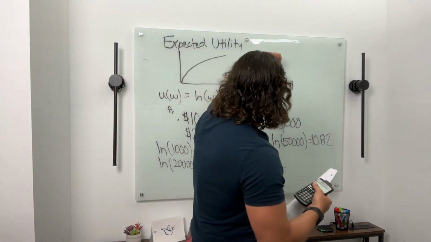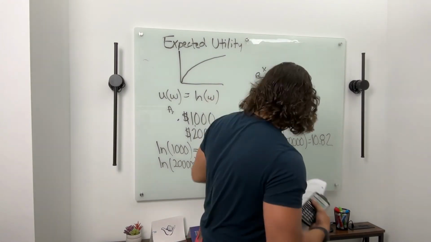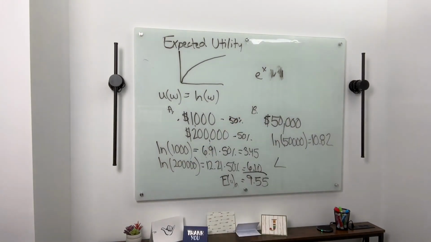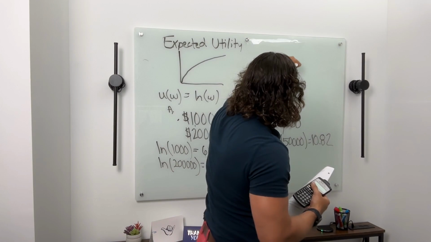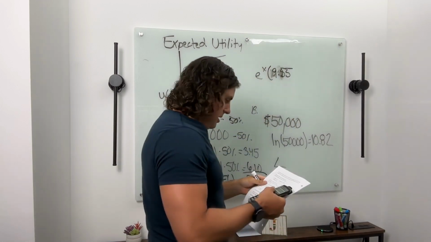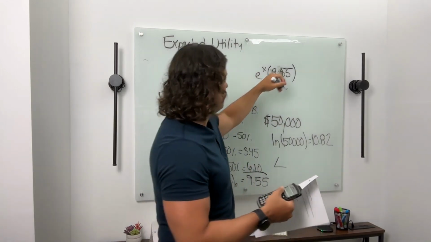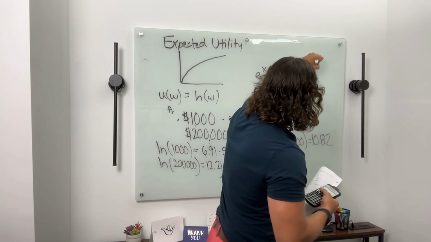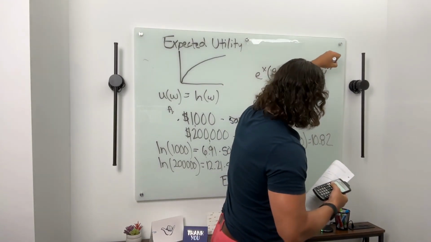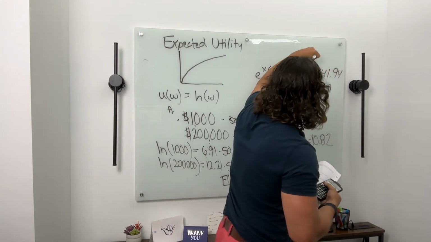And I'm going to type in 9.55 or whatever we had with our utility function. And then I hit e to the x, and it'll give me $14,141.94.